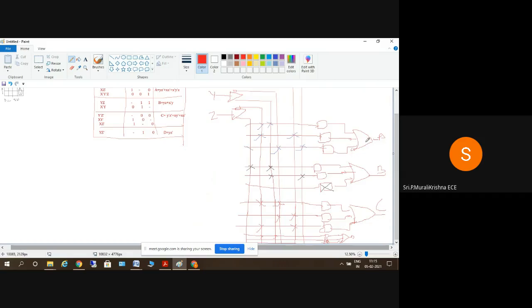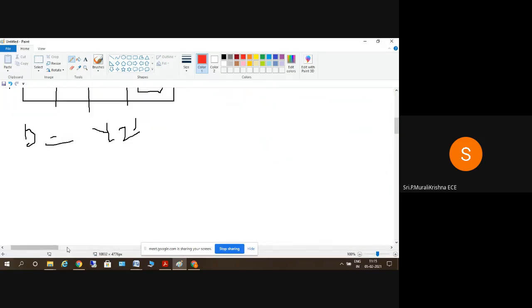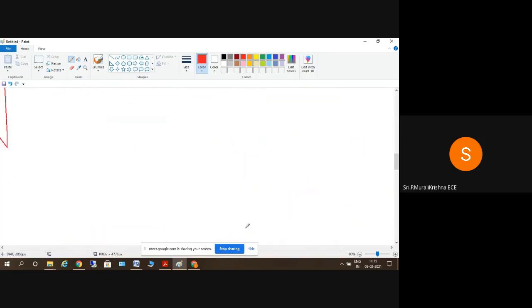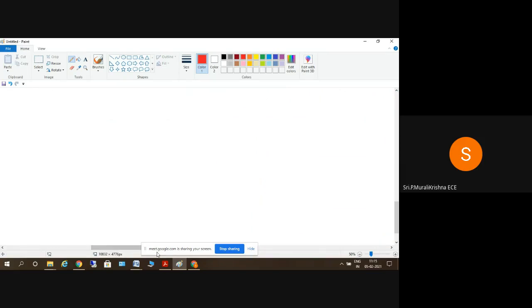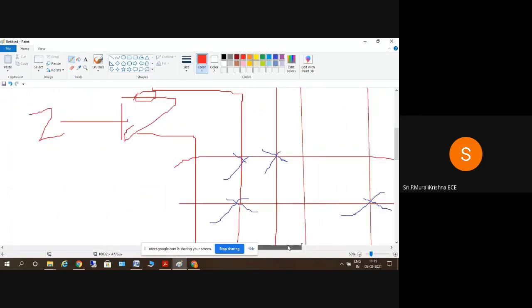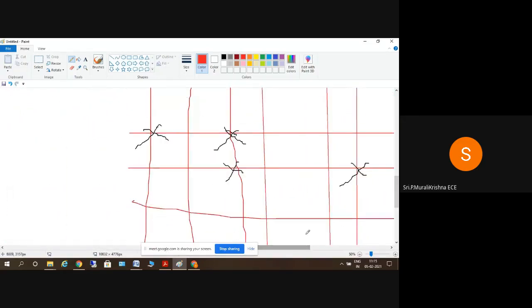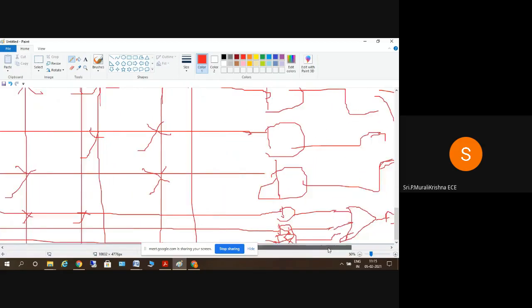Okay, so this is A, this is B, this is C, and this is D. So in B we don't use 1 AND gate here, and in D we don't use 2 AND gates. Okay, so like this.